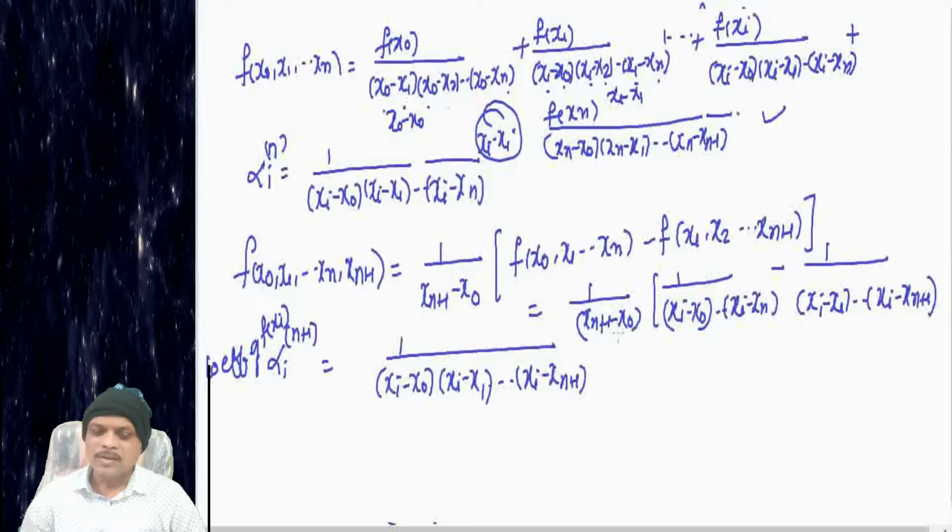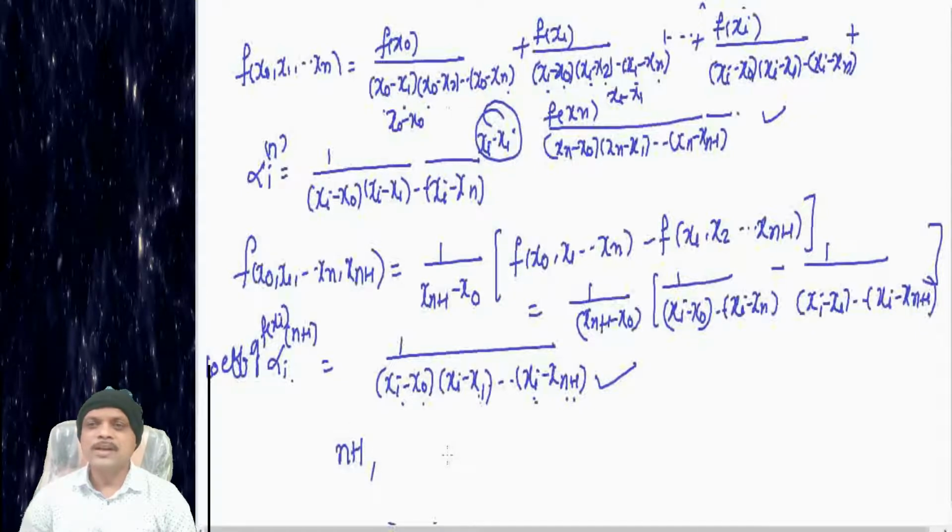And this gives us the coefficient having xi minus x0, xi minus x1 and xi minus xn plus 1. So if we take the LCM of these two and solve this bracket, we get this term. So the coefficient of f of xi in the divided difference is 1 divided by xi minus x0, xi minus x1, up to xi minus xn plus 1. Okay, then it is true for n plus 1.